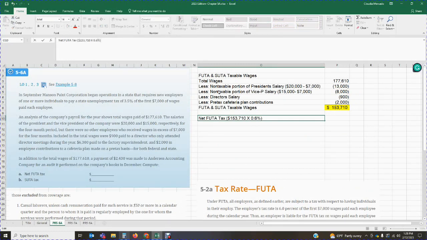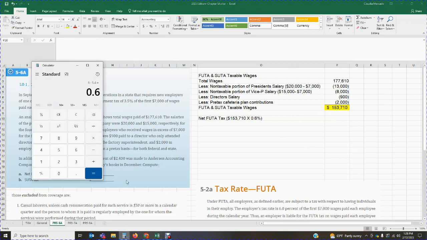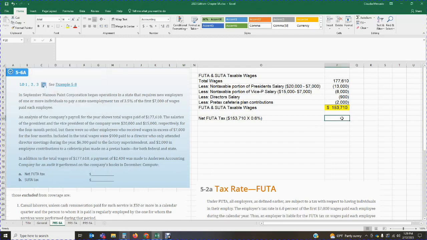And let's see what my FUTA tax is. So 153,710 times 0.6%. And that gives me $922.26. Remember that amount, the FUTA tax is used to administer both the state and federal unemployment programs.